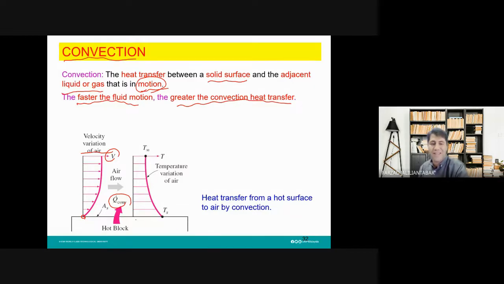The temperature at the surface of the solid and the fluid, which are in contact, is assumed to be Ts. Ts is the temperature of the surface. And the temperature of the air or the fluid above that, if we go far from the surface, will be equal to the temperature of the surroundings.